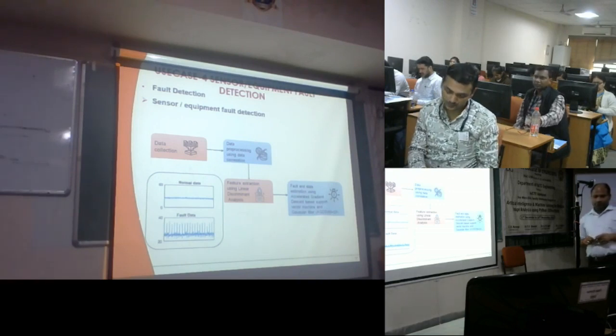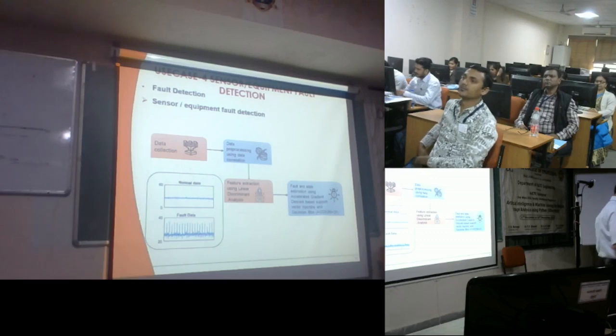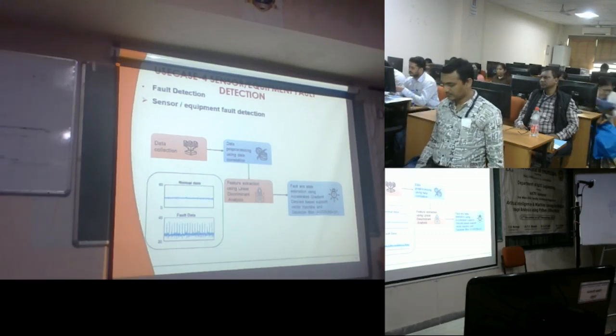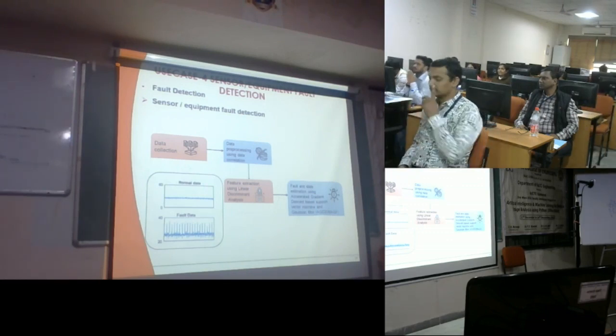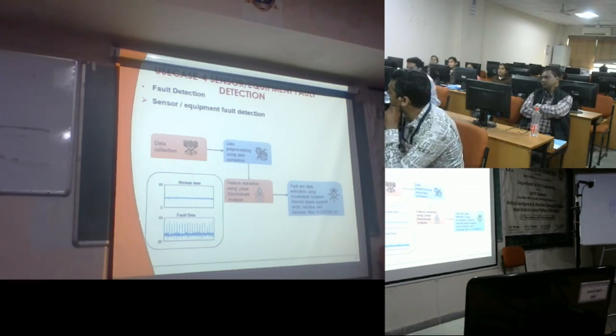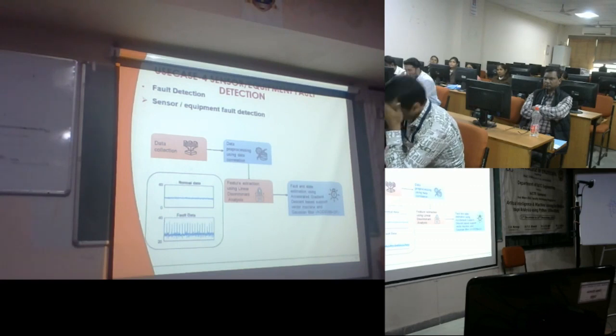So one of the use cases you have seen is the fault detection of the sensors. As I said, there are a lot of sensors in the fleet, and some of the sensors are redundant in nature, and hence we are not obtaining the data from them, because these are the sensors to be used when the main sensor fails, and then they can take over.